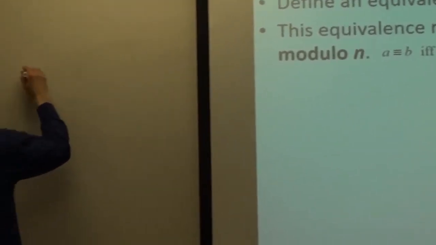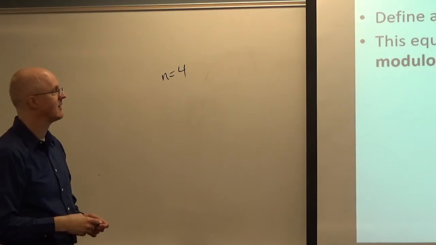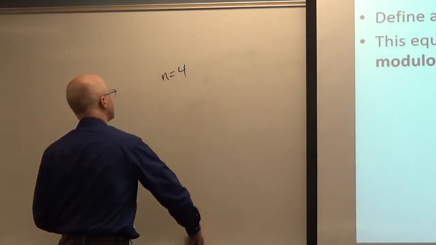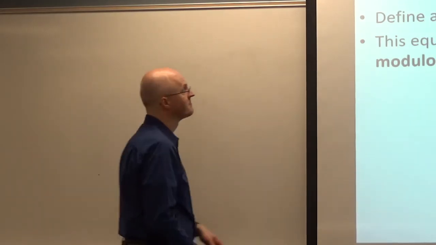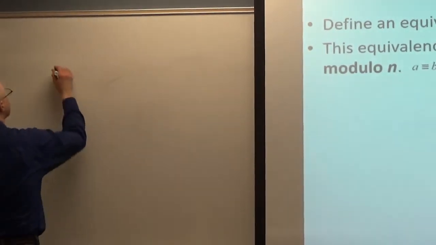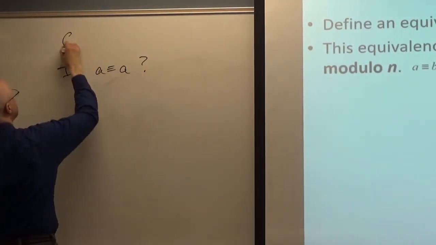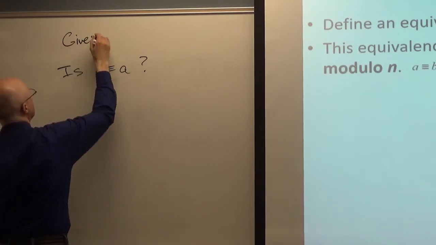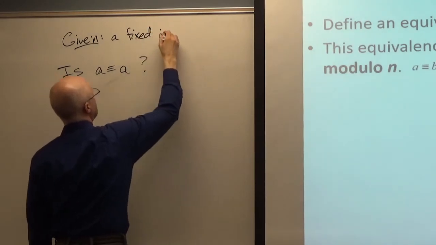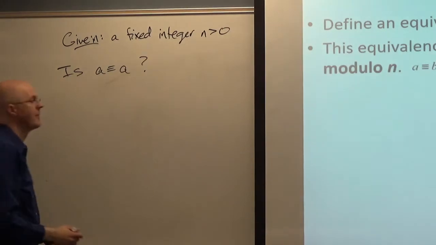So we can take a particular n, like say 4. But let's not pick a particular one at first. Let's see why this is an equivalence relation. So again, we're given a fixed integer n greater than 0.